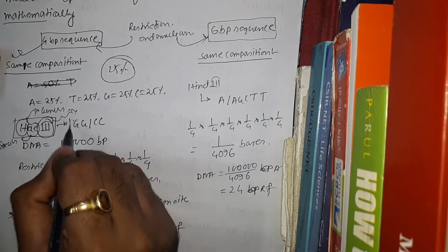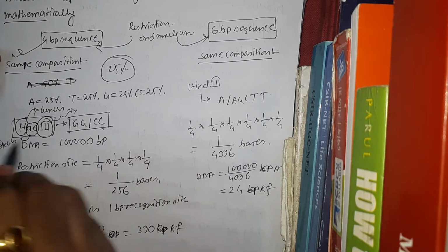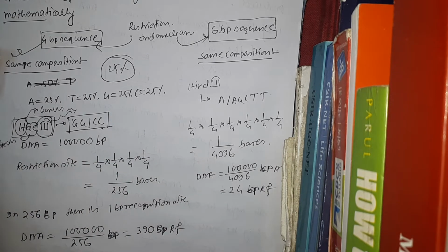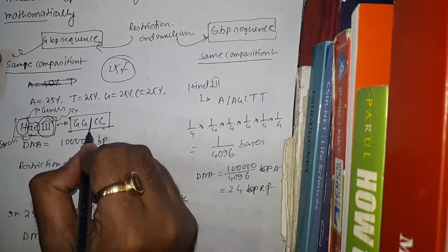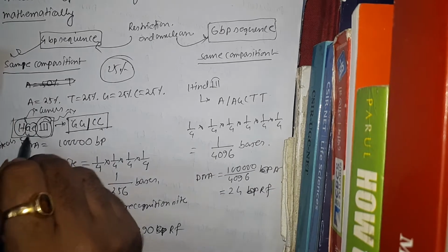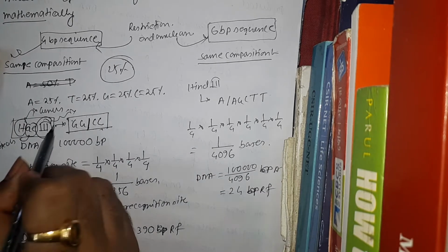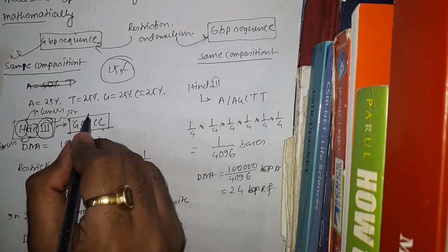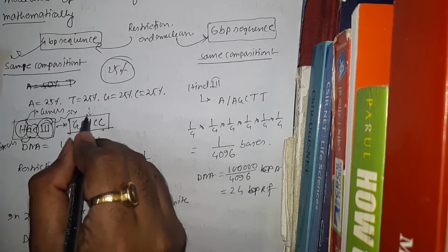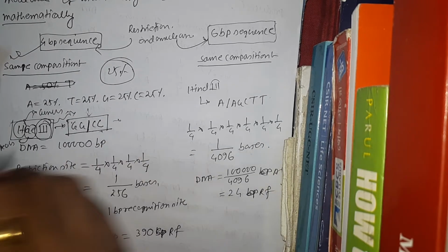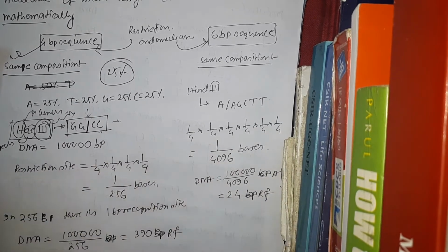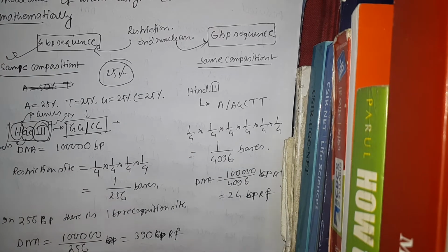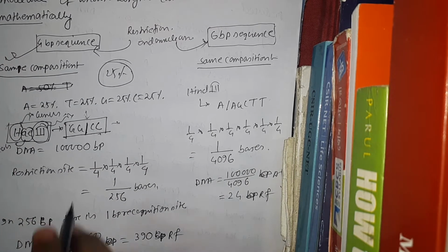This is the restriction site that HaeIII recognizes, and this tells us the position at which HaeIII will make the cut. As you can interpret from my previous videos, this is a blunt cut, and it will produce blunt-ended fragments. So we revised our previous lectures.